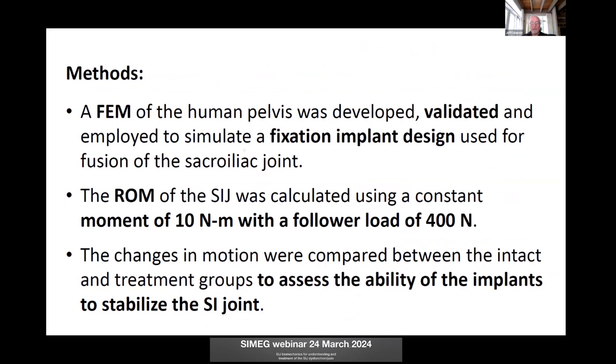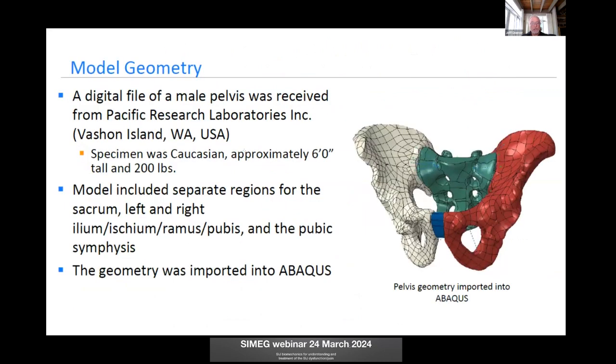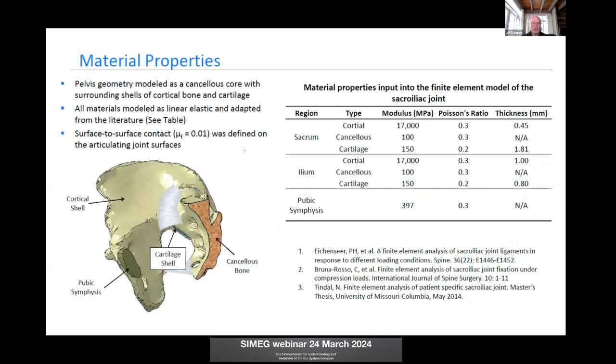And then the idea was not only take a traditional male model and create the geometry, place it into software that can reconstruct the model using material properties. I just want to make sure you understand they're well thought out.